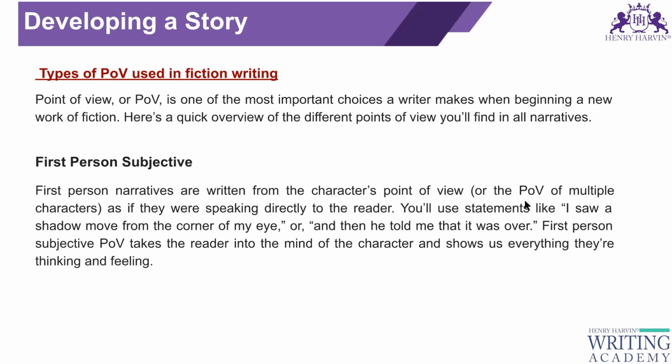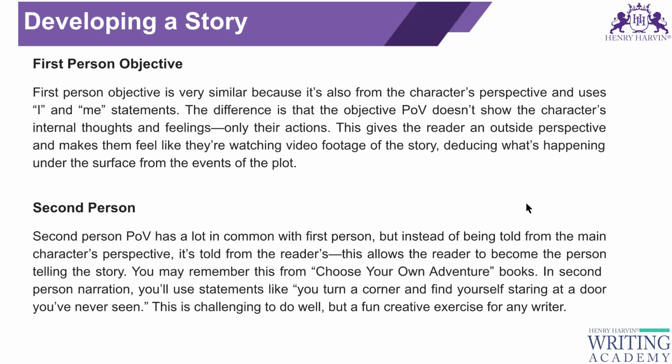Now these points of view we are discussing are applicable to any type of content: your blogs, articles, stories, scripts, theatrical dramas. Everywhere, all of these points of view are applicable. Now comes the objective of first person point of view: we are going to have pronouns like I, we, me, because the narrator is involved.